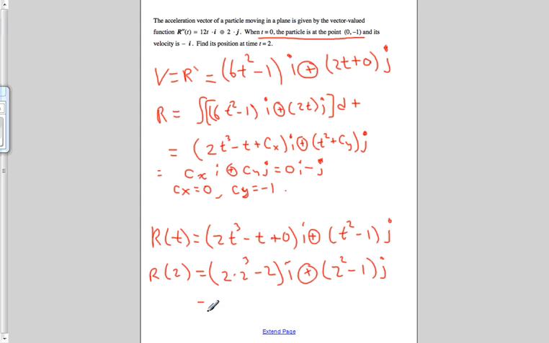And so we can simply do that. 8, 16 minus 2. So we have 14i plus 4 minus 1, so 3j. And that's my position at time equals 2. So 14 in the x direction plus 3 in the y direction.